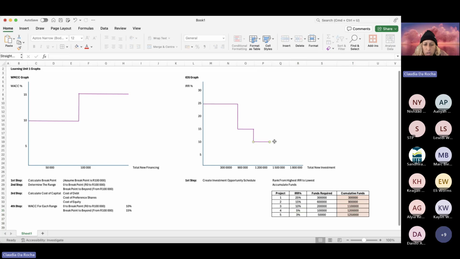So it'll be quite close to this one. Yeah, and the last one being the 3% at the 1,500, which would be somewhere in between here.